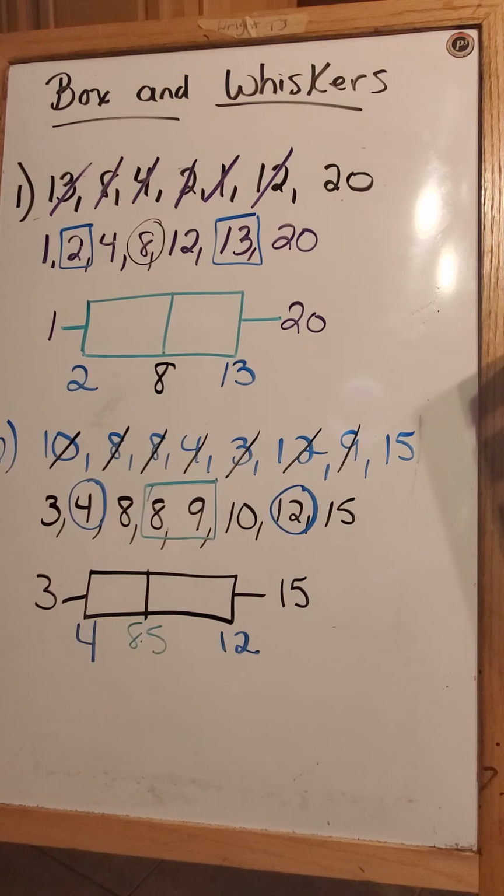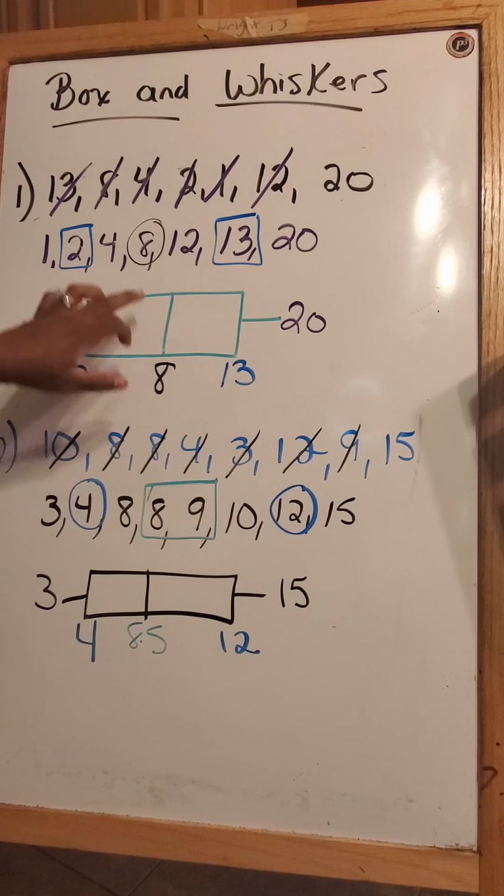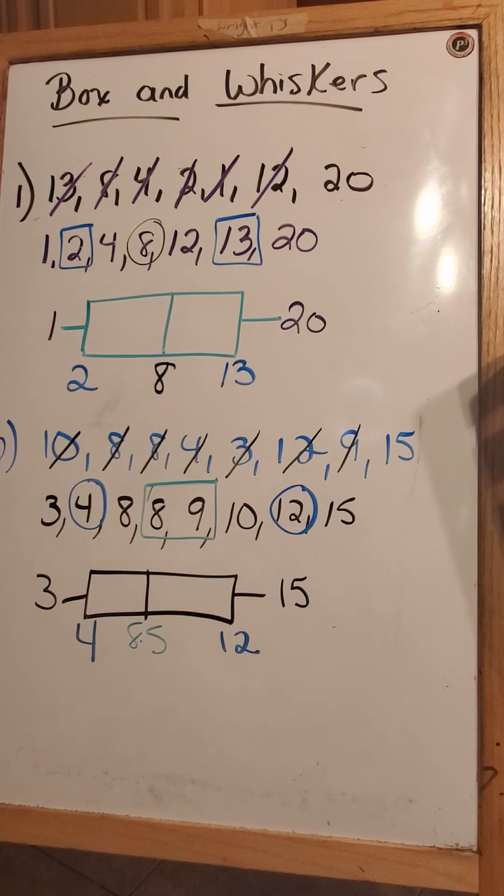Just take your data, put it in order from least to greatest, fill it in on your plot. Simple. Again, make sure you add these two and divide them if you have 2 in the middle. For example, in the first one, we only had 1 in the middle. So it just depends on how many numbers are in your data set, and then you go from there.